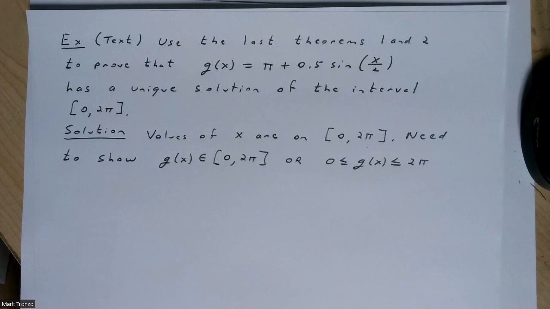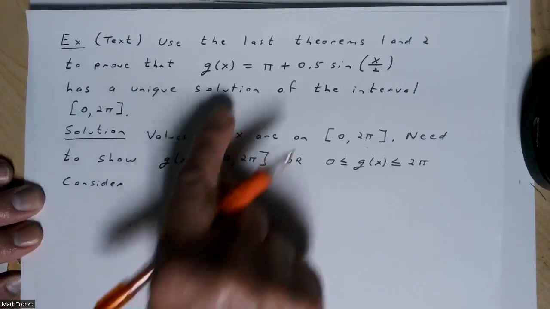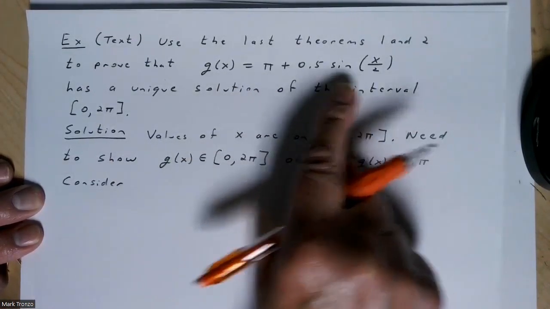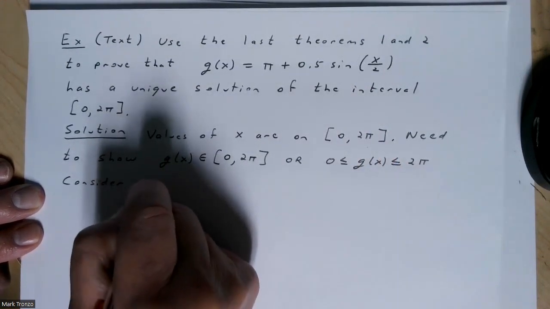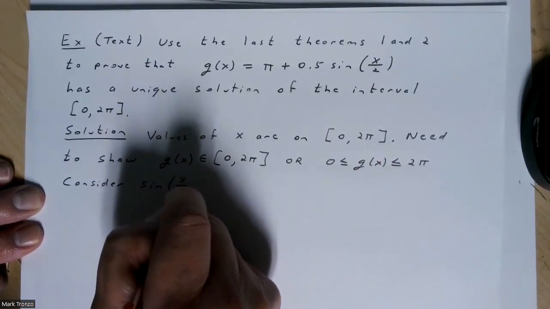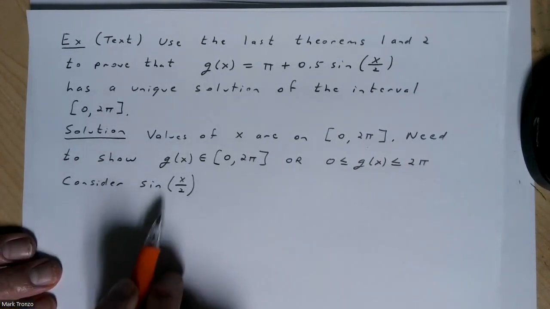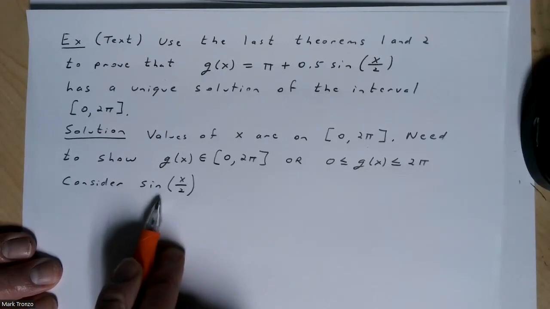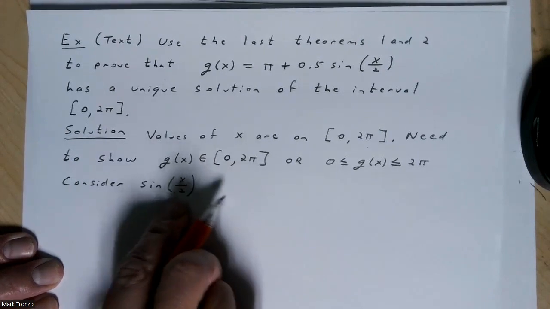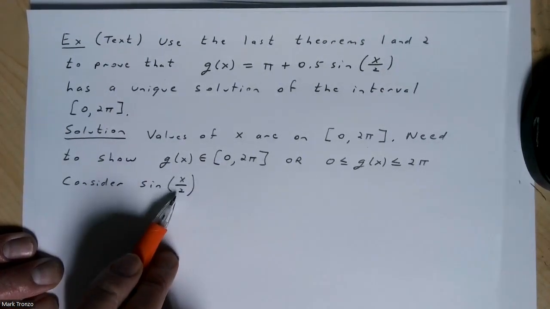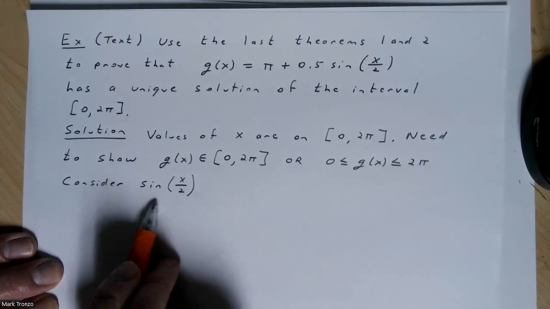So let's take a look at this. Consider our function, and let's look at what we have up here. Consider sine of x over 2. The question is, what values does the sine take on, no matter what you put in? We could look specifically and try to figure out what values it's going to be, but we may not have to get so specific.